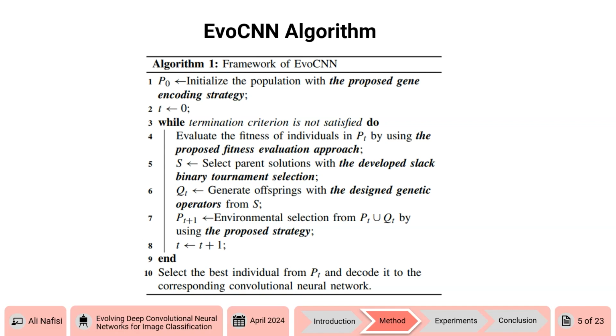Then we have two sets, the population set and the offspring set. We combine them together like a pool, put all of them in a pool, and do a survivor selection from them. So we choose some of them, so the population size doesn't increase or decrease.